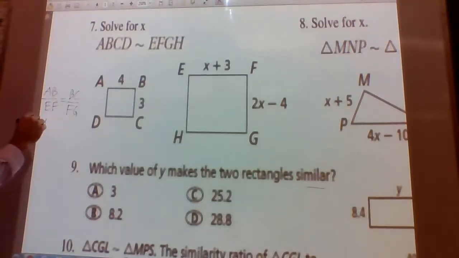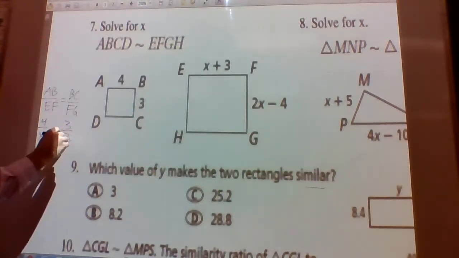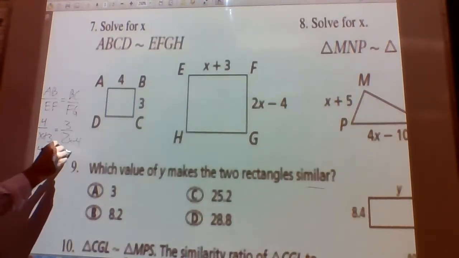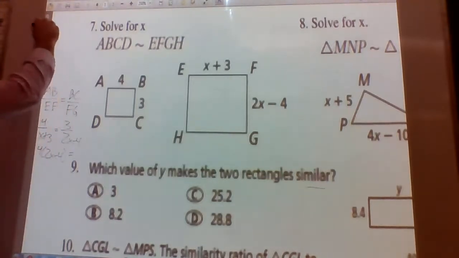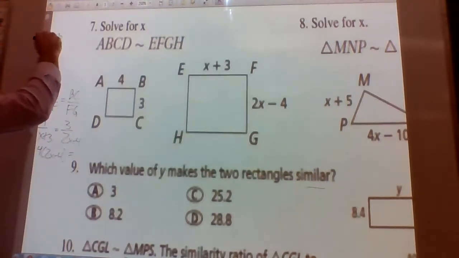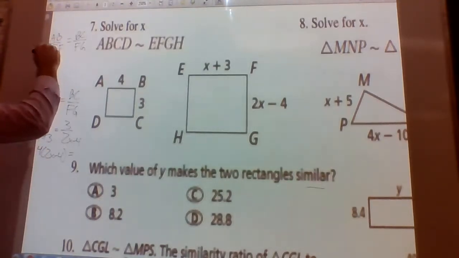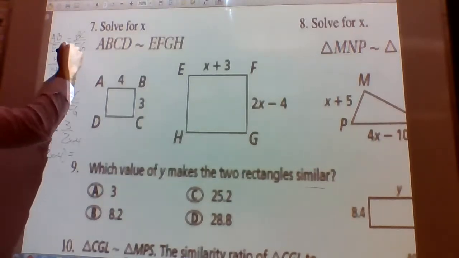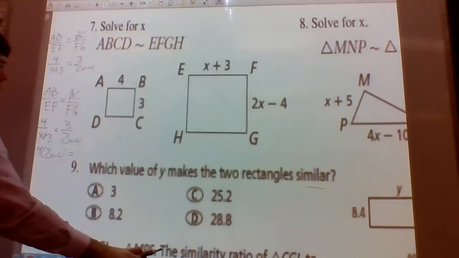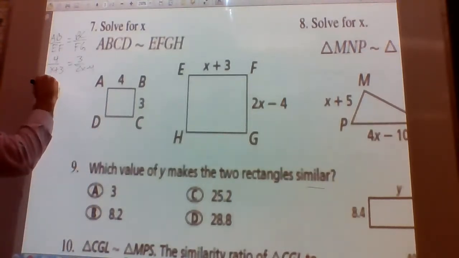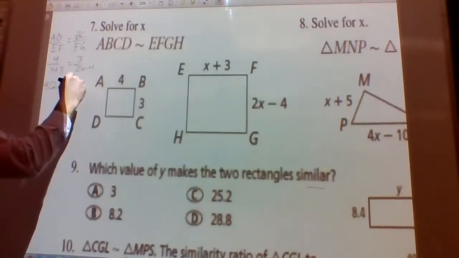So 4 over x plus 3 is going to equal 3 over 2x minus 4. Okay, cross multiply. We have 4 times 2x minus 4 equals 3 times x plus 3.